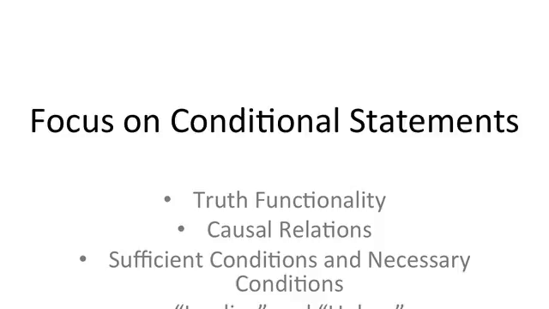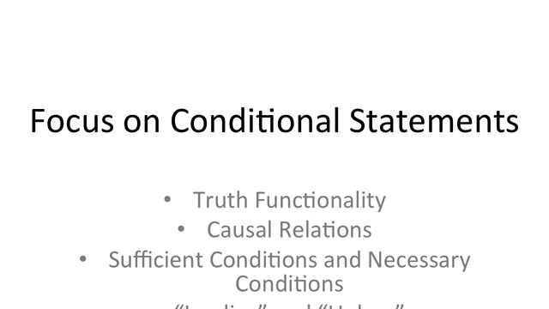It's also known as the material conditional or the conditional. But we're also going to talk about the conditional in terms of causal relations, sufficient conditions, necessary conditions, joint sufficient and necessary conditions, as well as additional language.